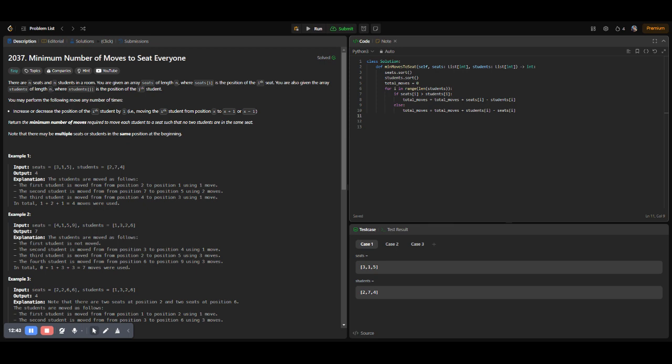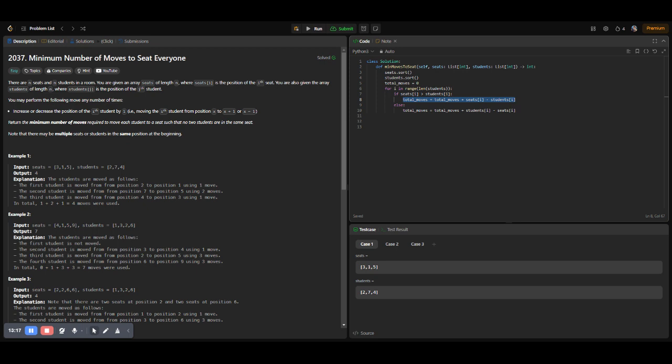We have to subtract the position of the student at the ith position from the seat. Once this statement becomes true, then we perform this task. If this statement is false, it's the reverse condition.